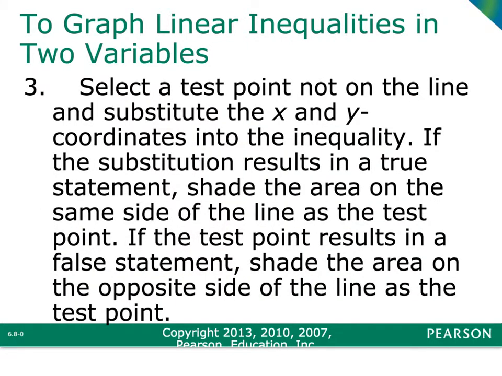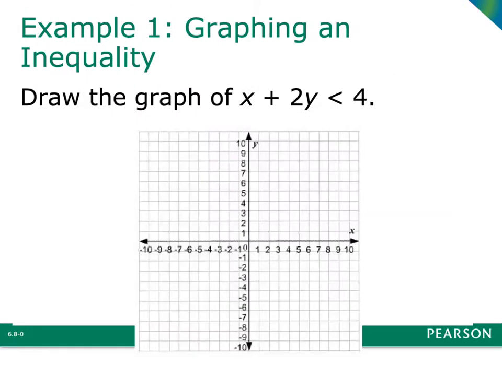Once you have the line created on your graph, you have to decide which side to shade. One way to do that is to use the test point method. Often people will pick a point that's either above or below the line, and they'll substitute that ordered pair in for x and for y, and they'll see if it makes a true statement. If it makes a true statement, you shade that side of the line. If it makes a false statement, then you would shade the other side of the line.